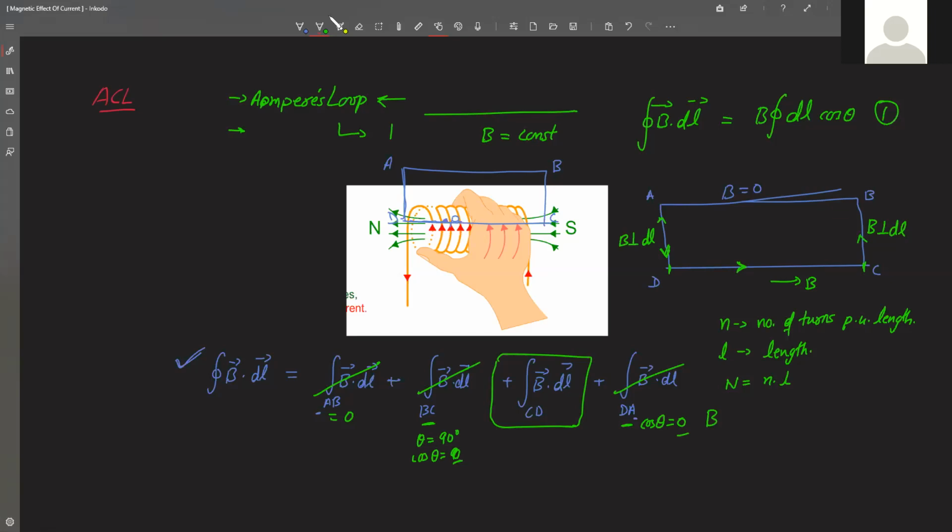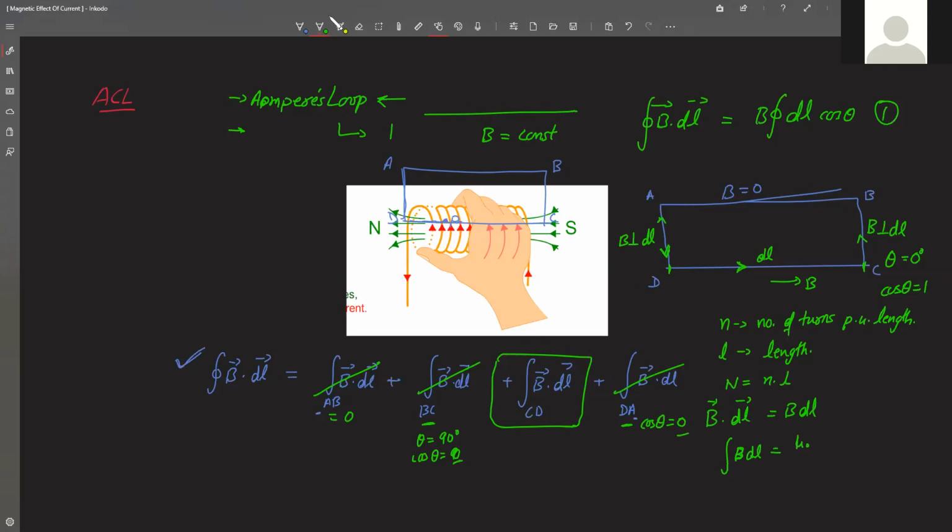So in that case, what will happen? If DL is in this direction, B is in this direction, so theta is equal to 0 degrees and cos theta is equal to 1. So due to that, B dot DL is equal to B DL. So now you just have to integrate the DL, and that should be equal to mu naught into I, where I is the total current.